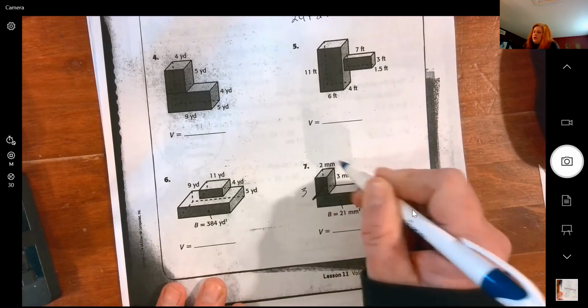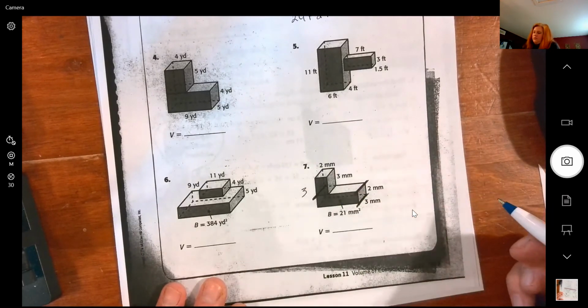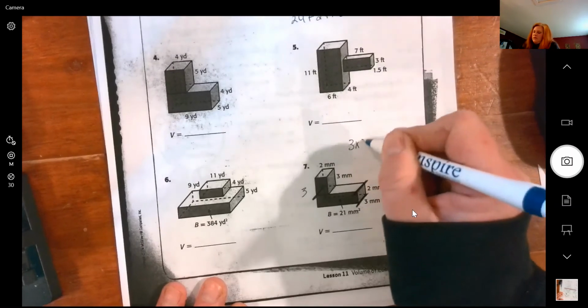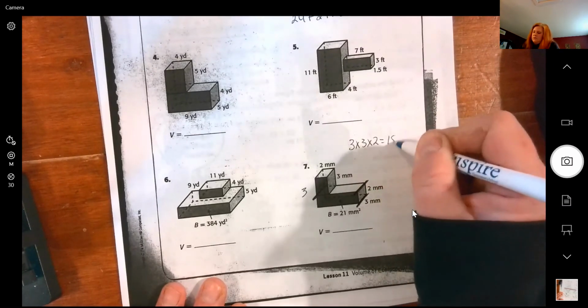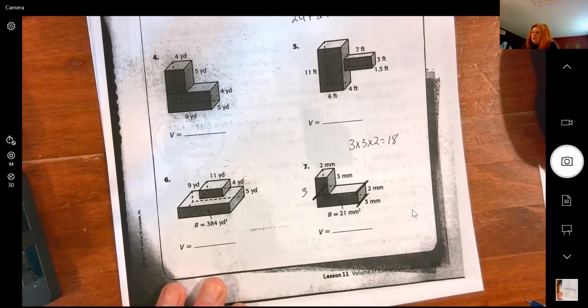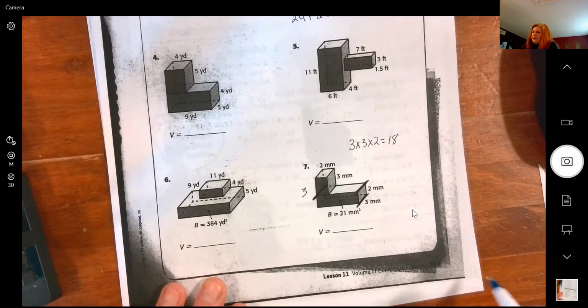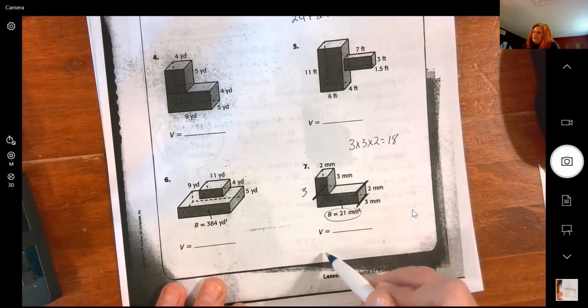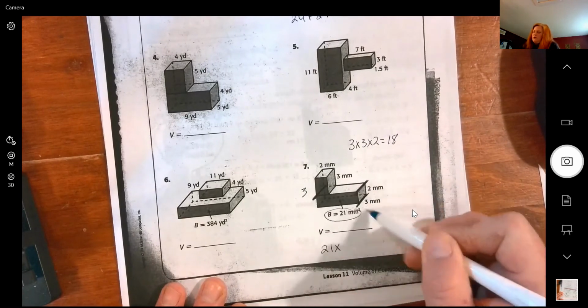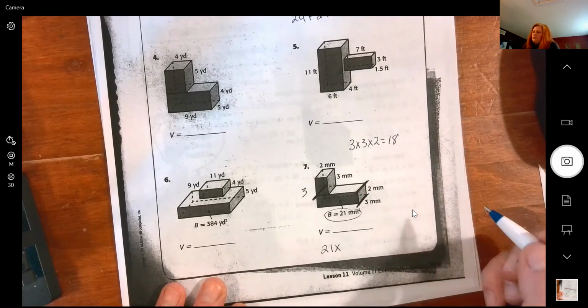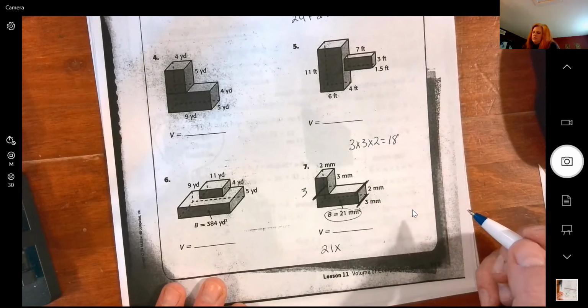So our top rectangular prism is a 3 by 3 by 2. All right, now we need our bottom one. Base times height. Here's your base. Which one of these numbers is the height, or how tall it is? 2.